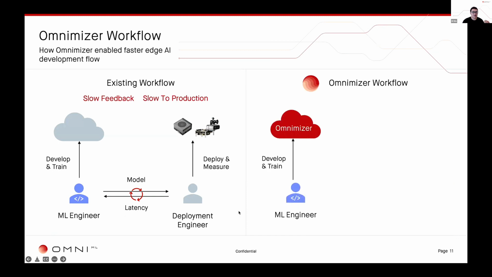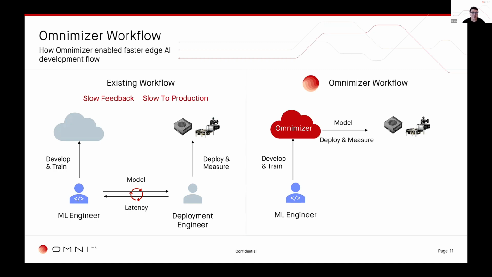So first, the developers still train in the cloud, in their native environment within the GPU, but during the training, it communicates with our Omnimizer platform, which in turn deploys the model onto a variety of hardware platforms hosted by ourselves. We can measure the latency and provide quick feedback to the ML engineer.